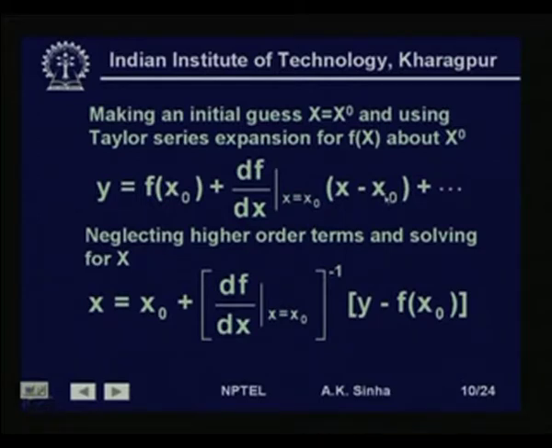Then, taking this x 0 on the other side, we will have x is equal to x 0 plus the inverse of df by dx into (y minus f(x 0)). What we are doing is taking f(x 0) on this side, and then pre-multiplying by the inverse of df by dx, so we get the inverse of df by dx into (y minus f(x 0)), which is equal to x minus x 0. Therefore, x is equal to x 0 plus this term. So, this is what we get as the solution for x.